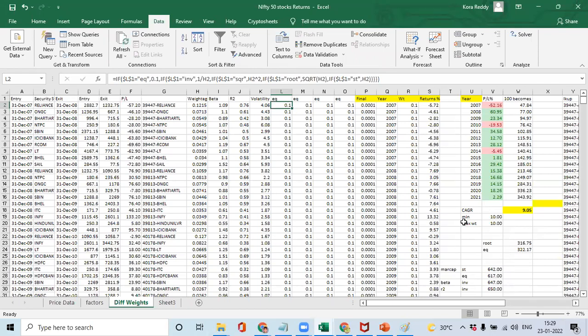I didn't book any profits. I just brought down the 25% weightage to 23, something like that. So that's up to you. That's a qualitative judgment. Once you experience a mega gainer like that, then you decide.